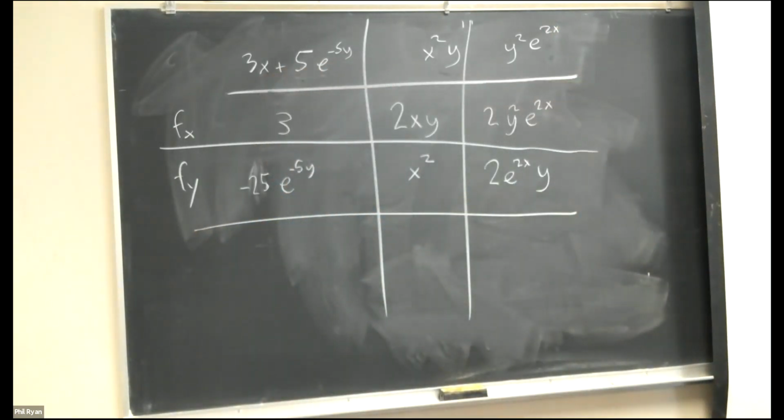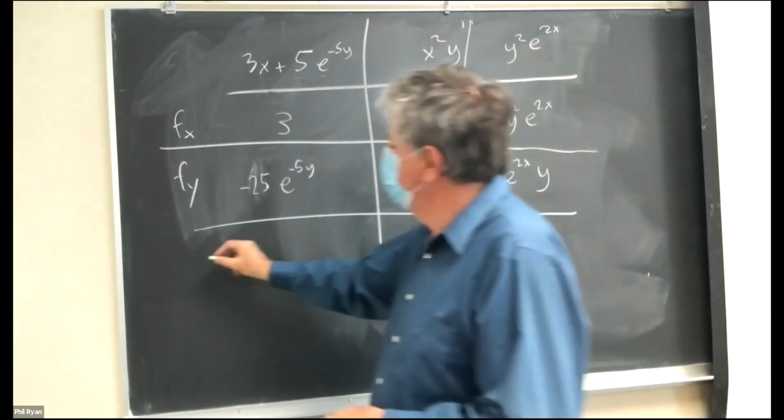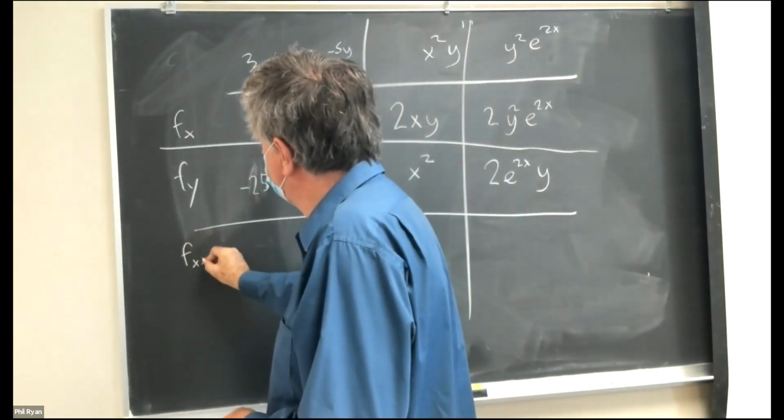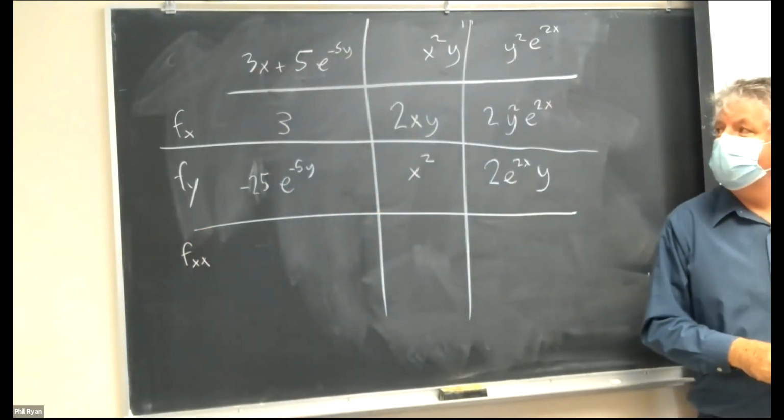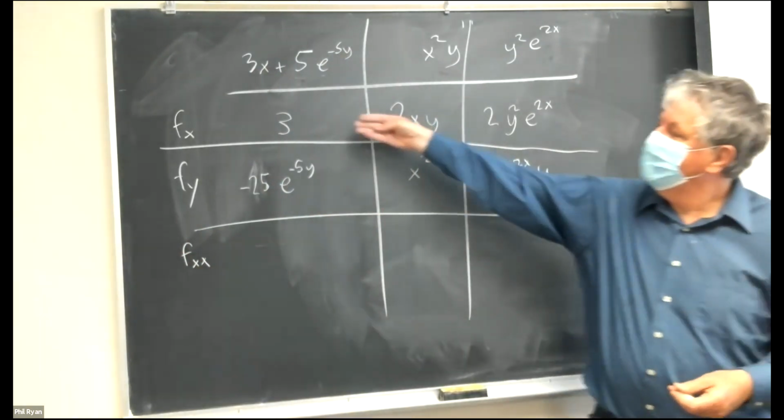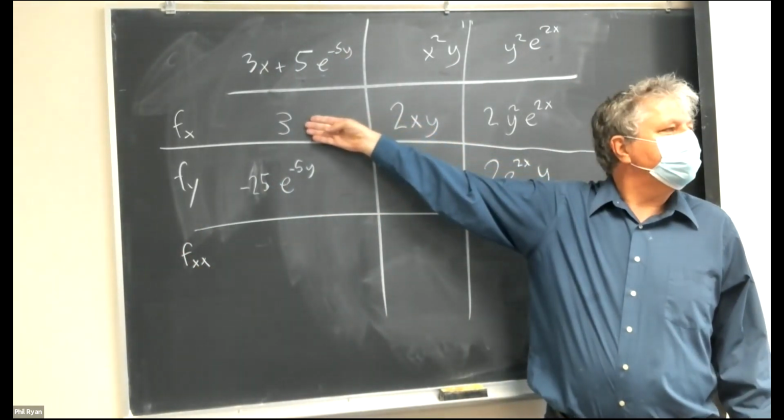But we can do more, right? We can have second derivatives. But if you think about it, there's lots of second derivatives, right? We can take the derivative with respect to x twice. Okay, what's the derivative of this with respect to x?